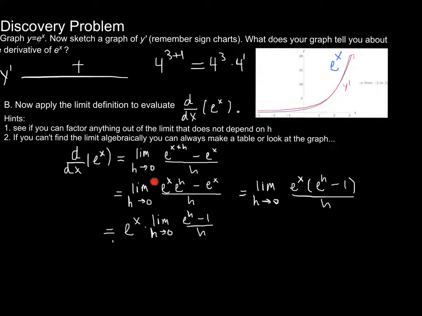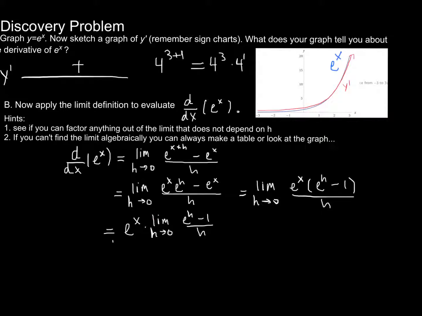And notice, as I'm taking the derivative, I'm expecting to get something eerily similar, and at this point, I have e to the x already as a part of my expression. The only other thing I have is this limit. What would be really helpful for this limit to be equal to if I expect my derivative to be eerily similar to the original function?